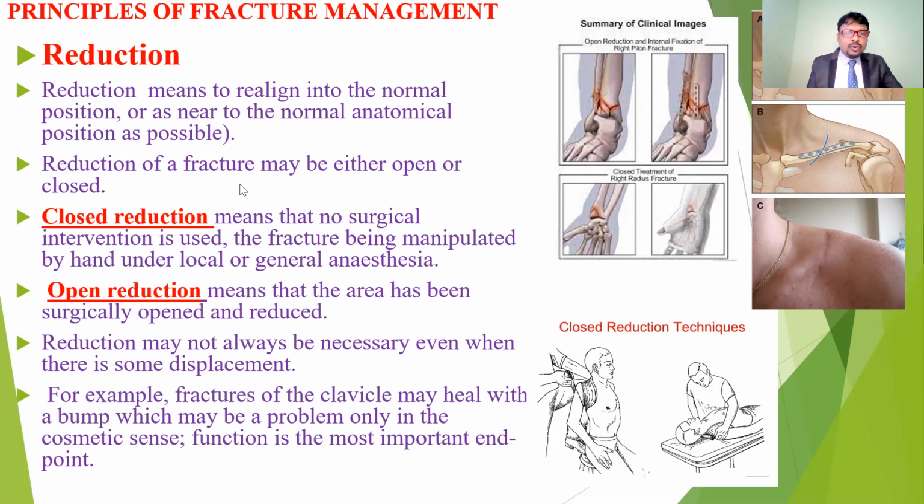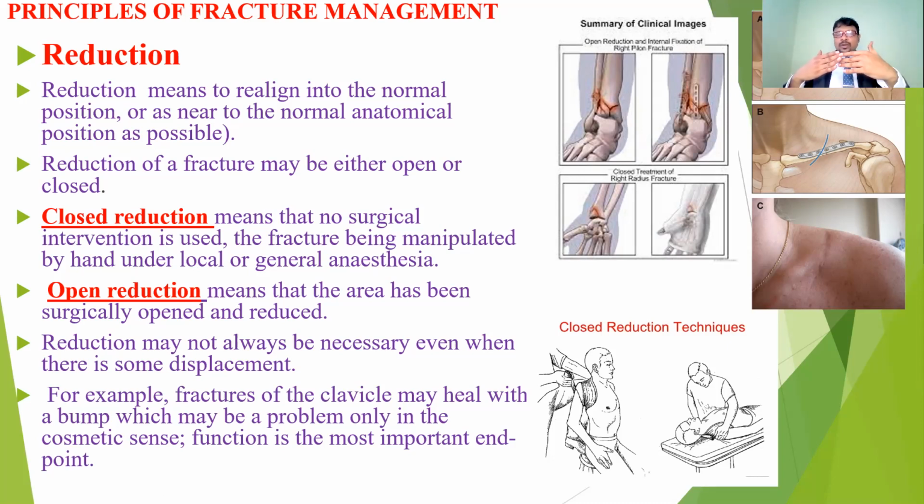The first one is called closed reduction, and also open reduction. Closed reduction means here no surgical intervention is used. Only the fractures are manipulated by hand, under local or general anesthesia, for example in non-displaced fractures or closed fractures.